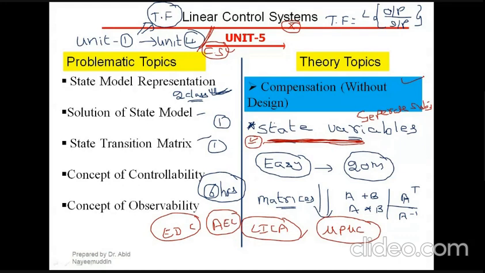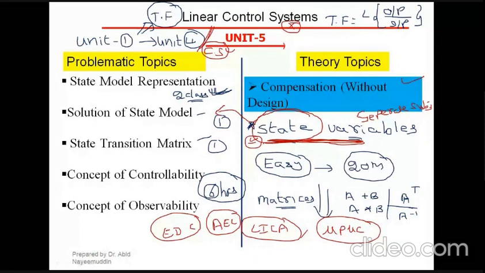As this state variable concept is a separate subject, only the introduction to it has been given in your syllabus. As I told you in the initial class, this is a separate branch of engineering.